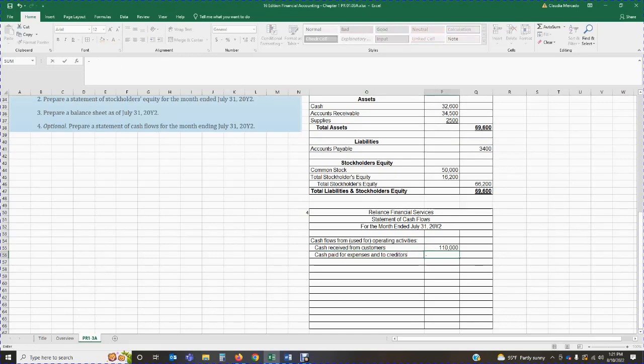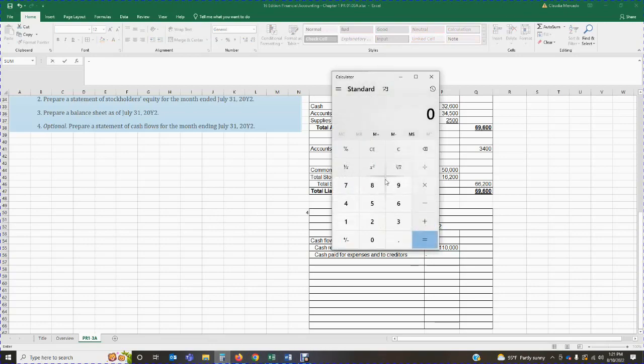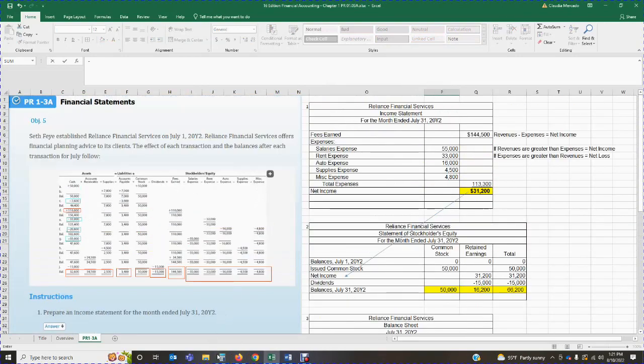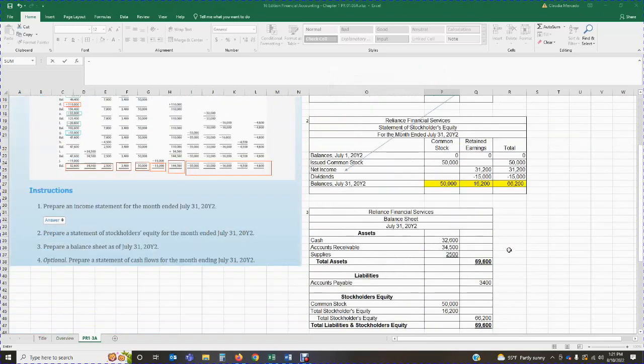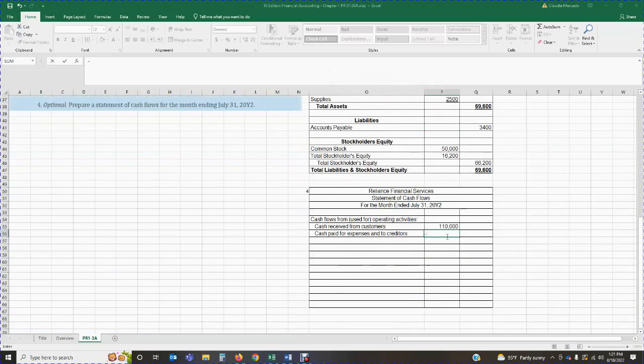Because we paid money, this is going to be a deduction of $112,400. It's a deduction because anytime you pay cash, we deduct from our cash balance. So those are the two things that impacted.